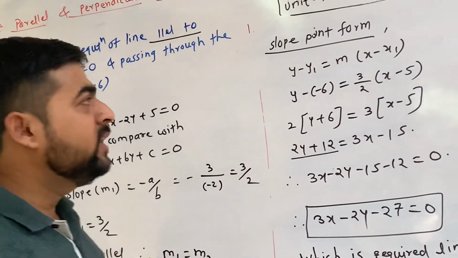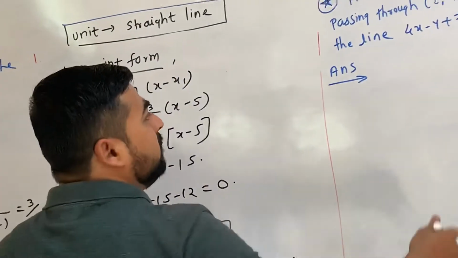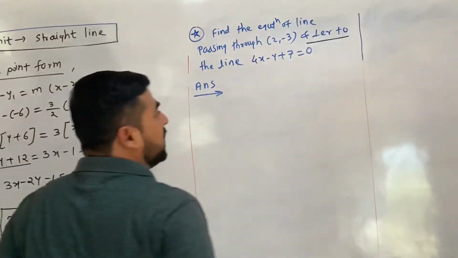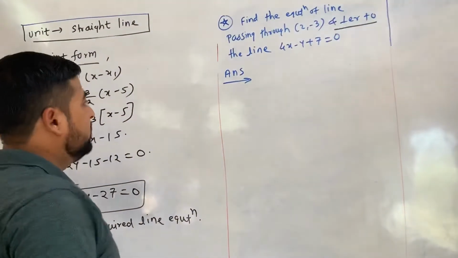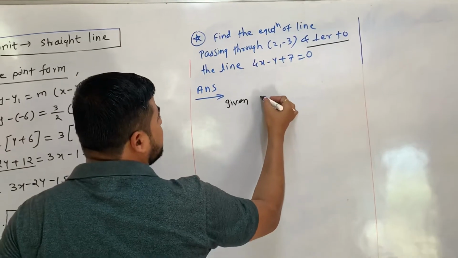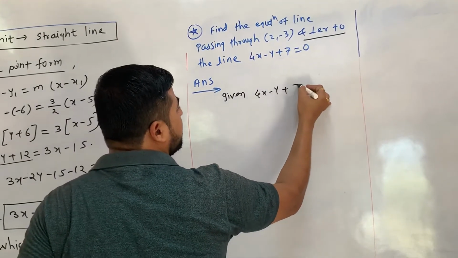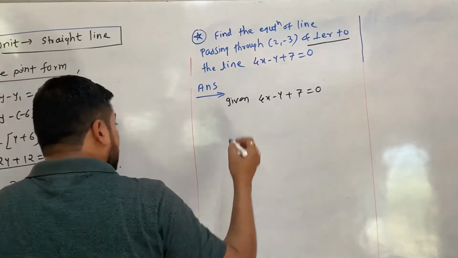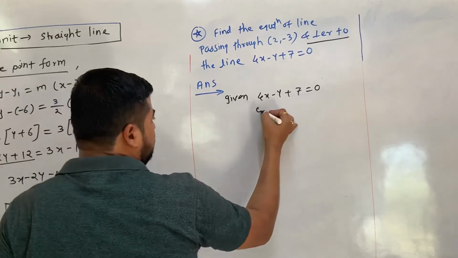Now we start another problem, but in this problem the condition is perpendicular. Given data: the given line equation is 4x minus y plus 7 is equal to 0.